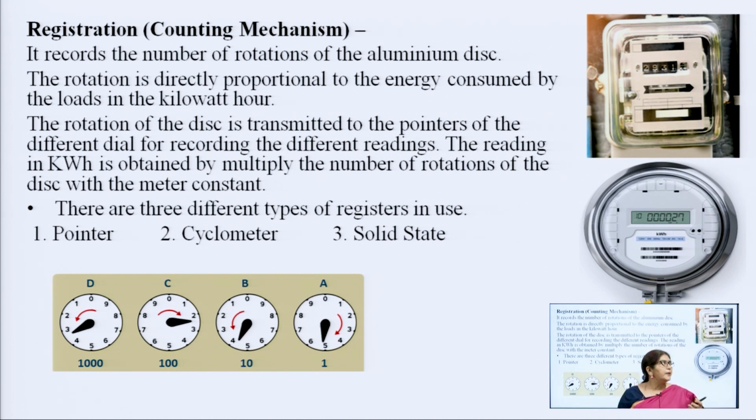Similarly, in some energy meters we have seen an indicating device that shows the energy consumed in digital form, as 0, 1, 2 till 9. And then there are solid state meters, whose indicators basically use a 7 segment display. So, this type of meter is also available.